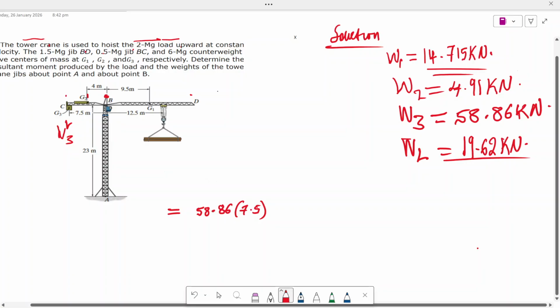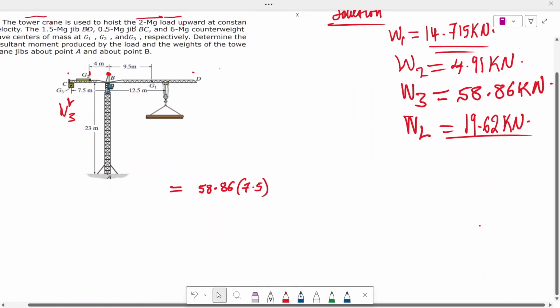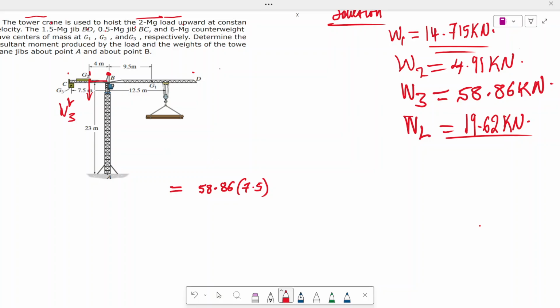G2 is at that point, and its perpendicular distance is the distance from there to B. This distance is 4 meter. So it's going to be plus G2. The weight of G2 is 4.91 times perpendicular distance, which is 4. This is the moment of the force about point B.